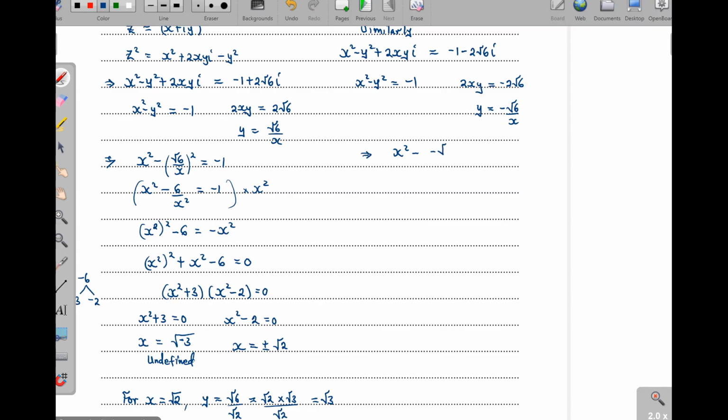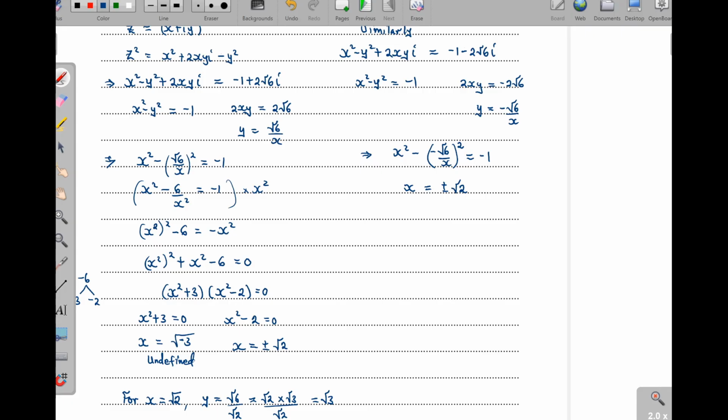You have negative root of 6 over x. Then you say what? Squared. Then this one is equal to -1. When you get a negative and you square it, you are going to get a positive. So this one will come out to be like this. And when you solve that, still, you are going to get your x, which is equal to plus or minus the square root of 2. Are we there?